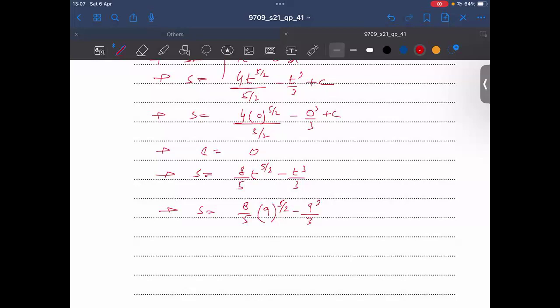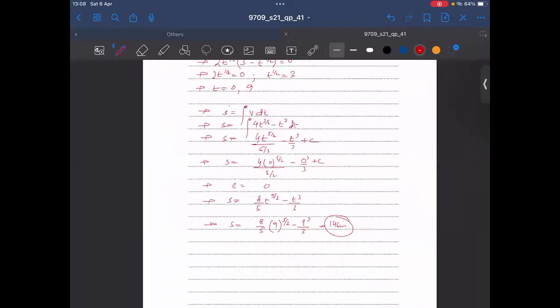Amna, what are you getting as the final answer? 243 into 8, so I'm calculating. It's 9 cube, right? 9 cube upon 3. Yeah, 388.8. 145.8. So 146 meters. Is it clear or not?